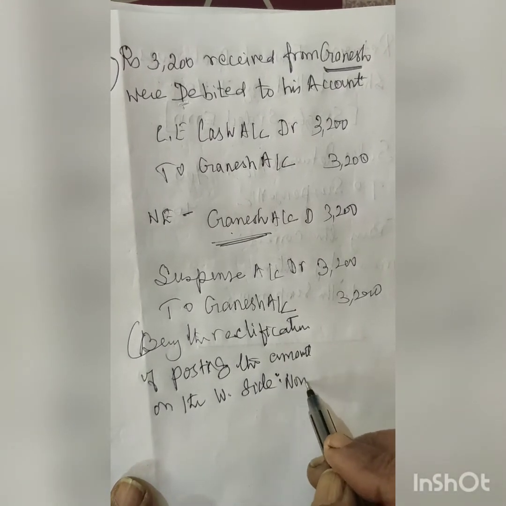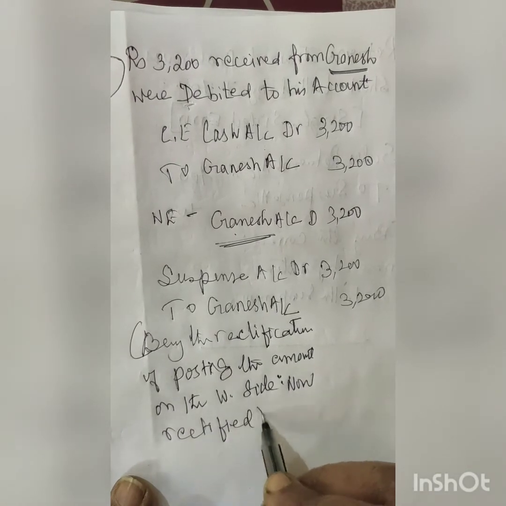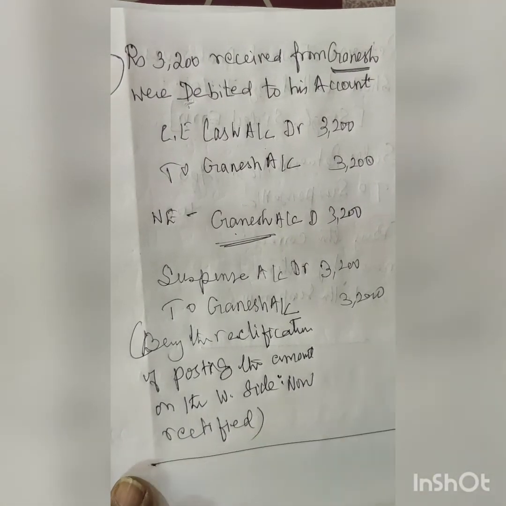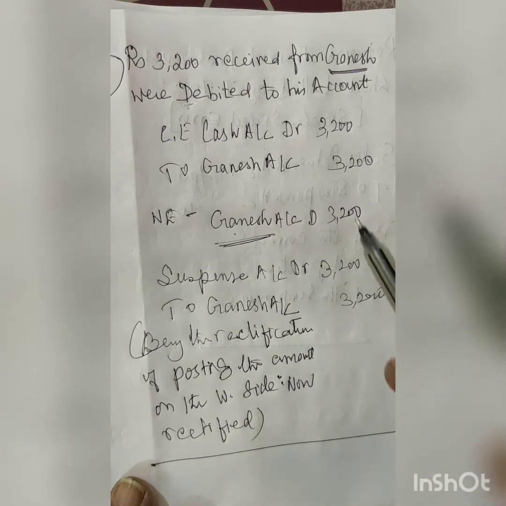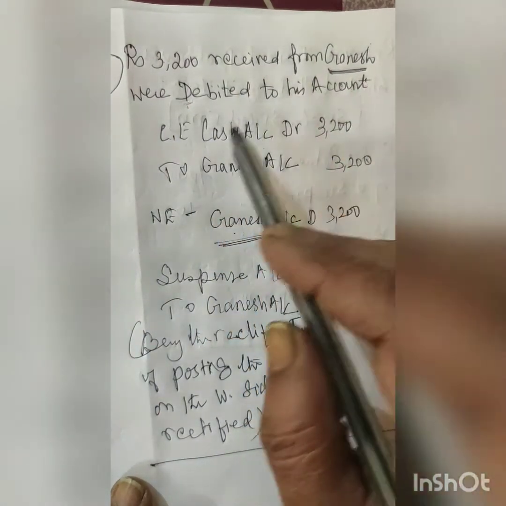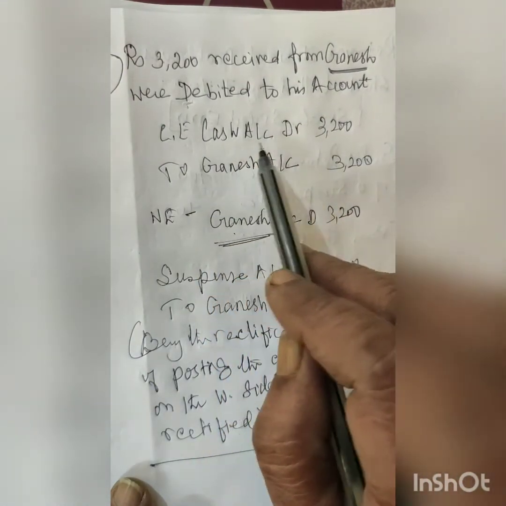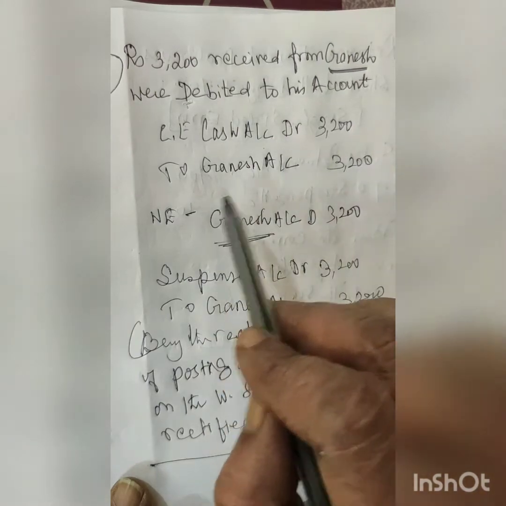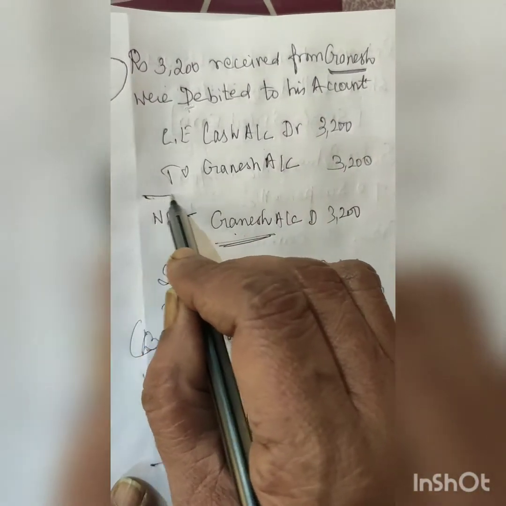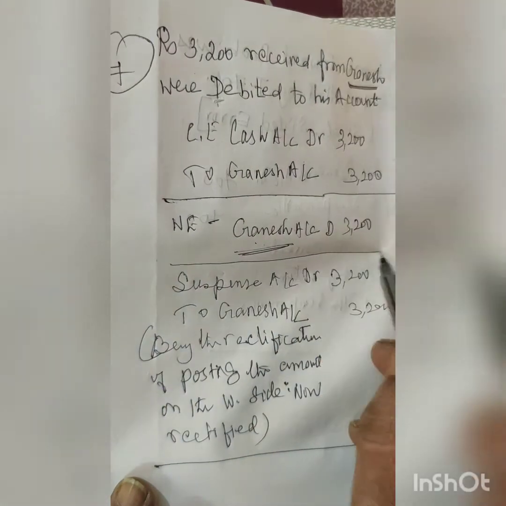Now rectified. Okay, now this gets over. Once again we'll see: 3,200 received from Ganesh was debited to his account. The actual entry should be cash account debited 3,200 to Ganesh account. This is the actual correct entry. But how it has been taken, it was debited to his account.